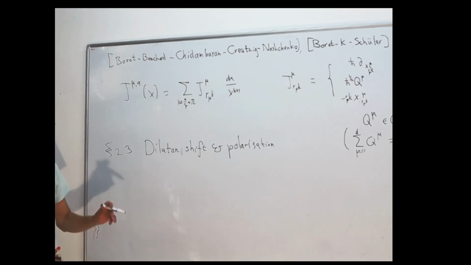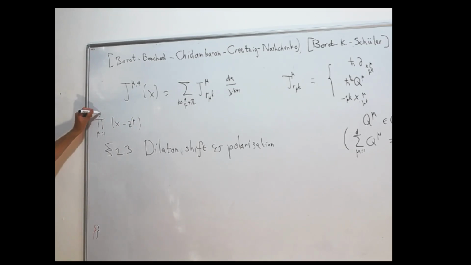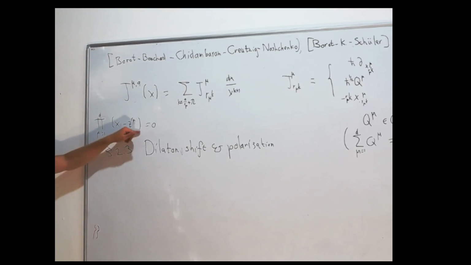The mu. So what we had, the spectral curve you should think of is a product of x minus z to the mu r, mu going from 1 to d, equals 0. This is the geometric picture you'll have to keep in mind.